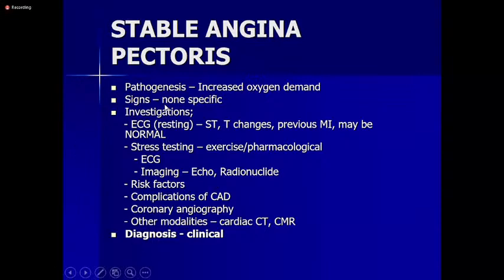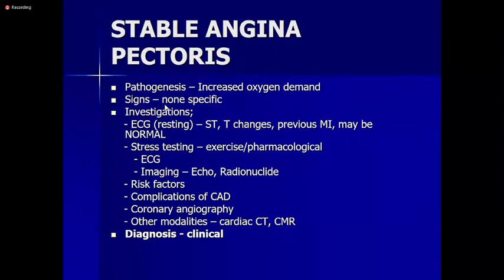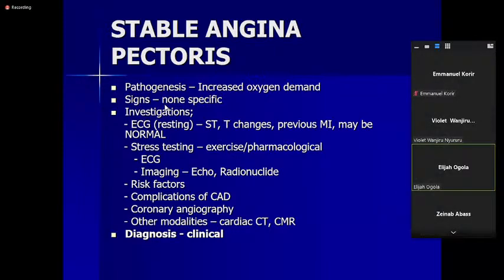So essentially, the bottom line there is that there's nothing pathognomonic of stable angina, that the diagnosis is basically clinical, and it is an integration of all those things, the typical symptoms and signs, the presence of atherosclerotic risk factors, and the various investigational modalities I've talked about.